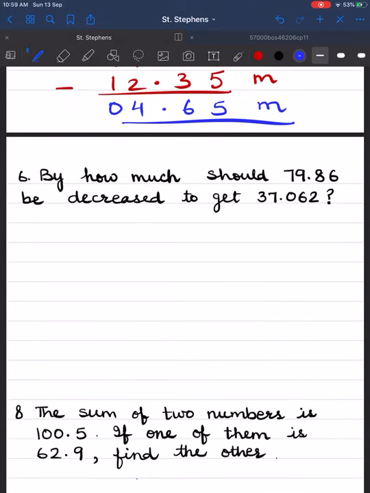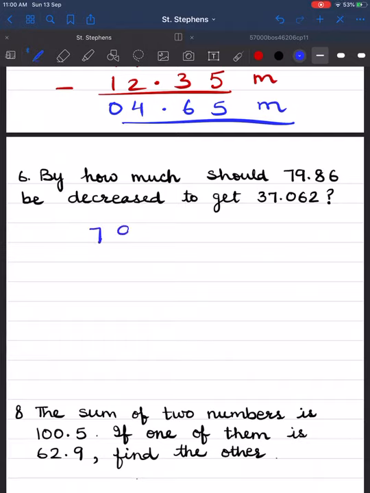Now let's do the 6th question. By how much should 79.86 be decreased to get 37.062? Decreased means less. So from 79.86 we have to subtract 37.062. So let's do. So we write the first decimal number having 3 decimal places.